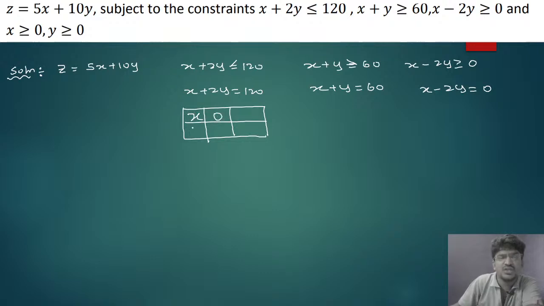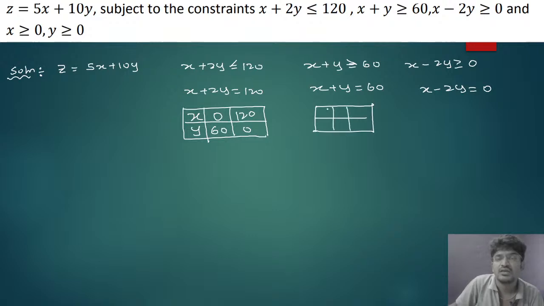Here if x is 0, y is 60. If y is 0, x is 120. Okay. Here you can see x and y. If x is 0, y is 60.